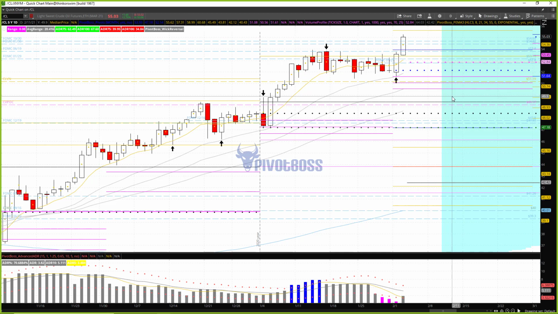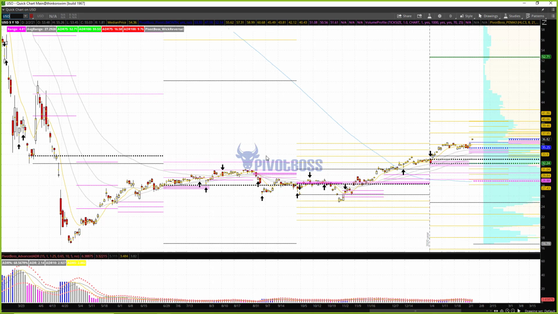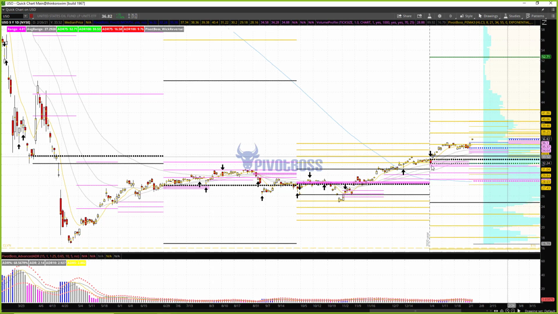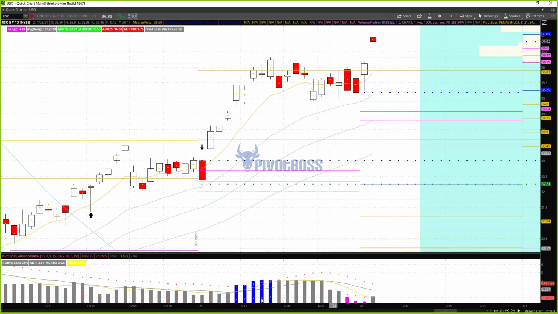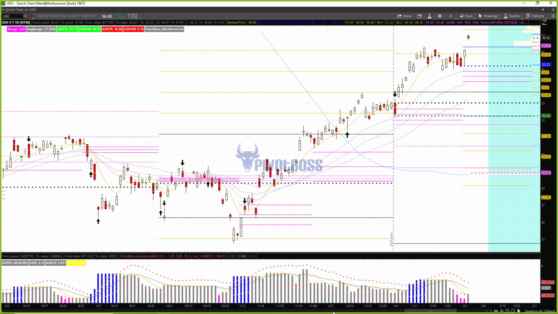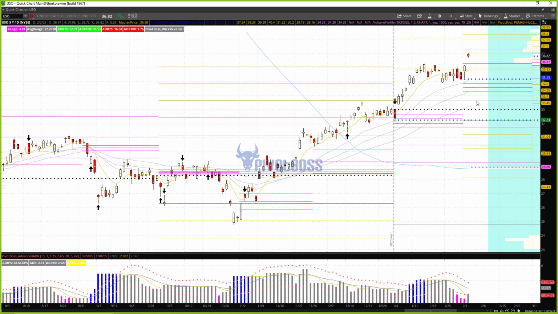MB's asking, what instrument do you use for this? So I trade the actual futures contract. There are also various ETFs. I'm not usually as much of a fan of the energy ETFs, something like a USO, for example. But this is another potential instrument that you can use if you don't like to trade or don't have the experience to trade futures.